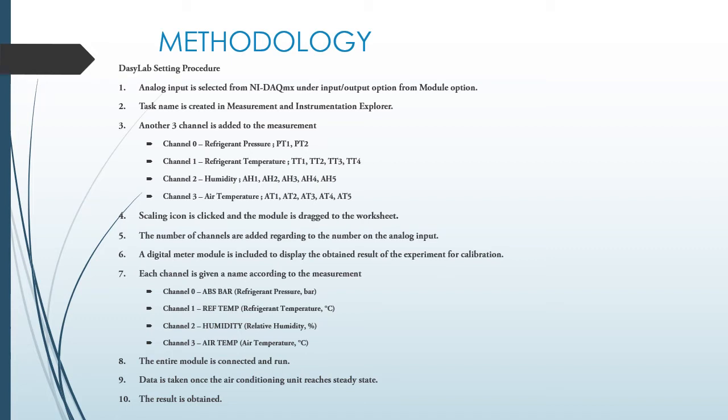Another 4 channels are added to the measurement: channel 0 is refrigerant pressure for PT1 and PT2, channel 1 is refrigerant temperature TT1, TT2, TT3 and TT4, channel 2 is humidity AH1 to AH5, and the last channel is channel 3, air temperature AT1 to AT5.